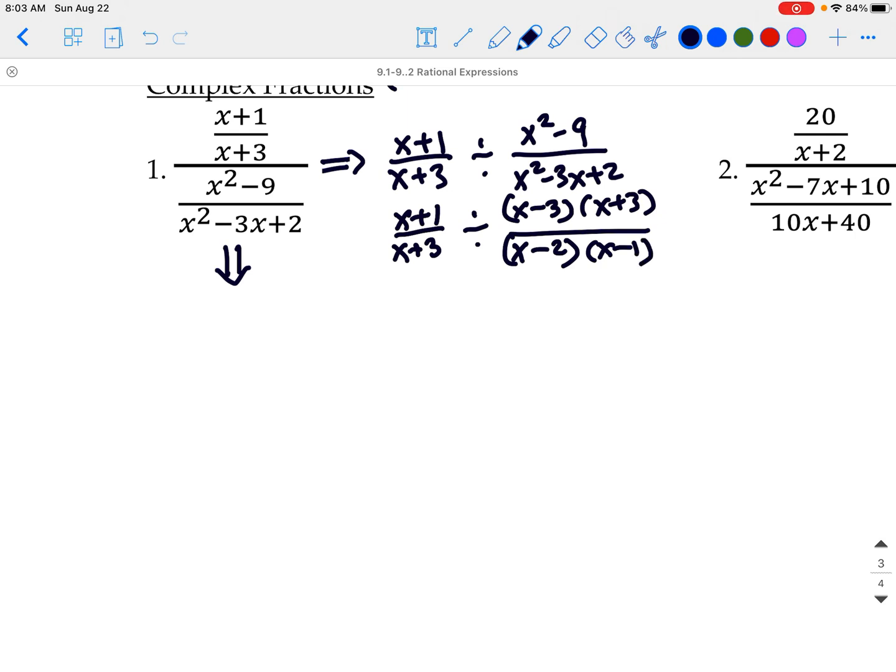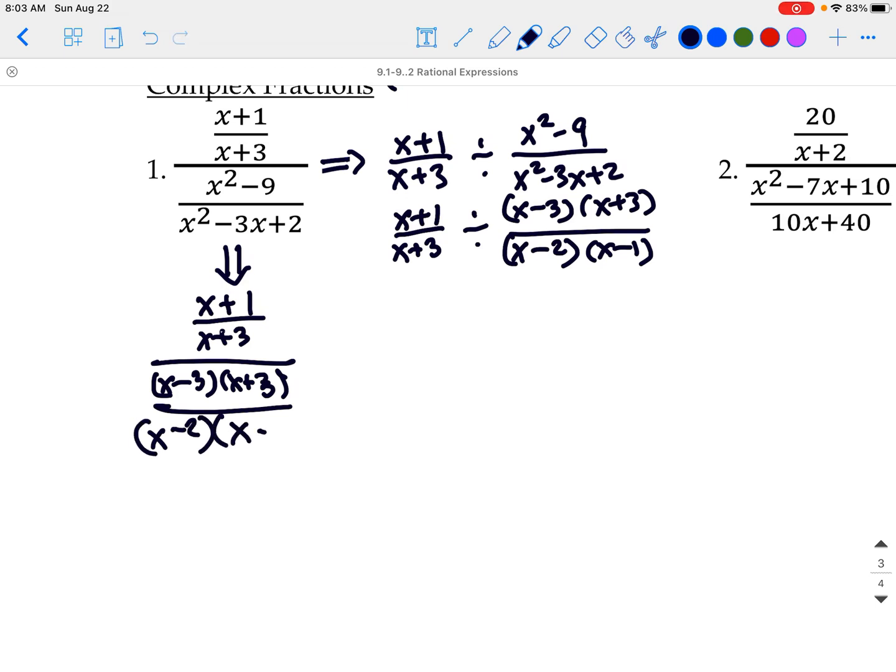So if we were looking at the rational expression version of this, we would get the same expression, but again, just written in that fractional form. And again, our undefined in the dividing form is going to be all of those denominator values.